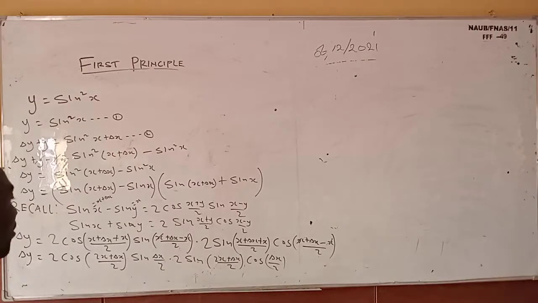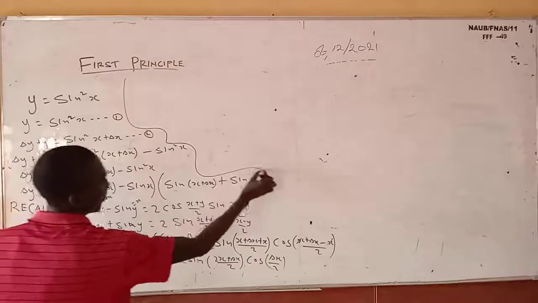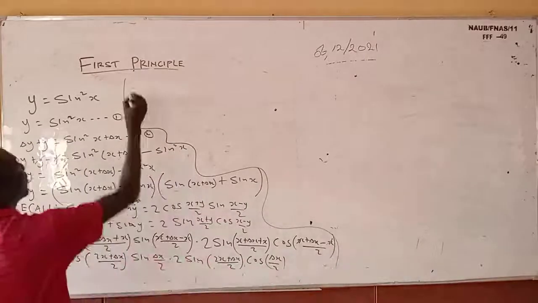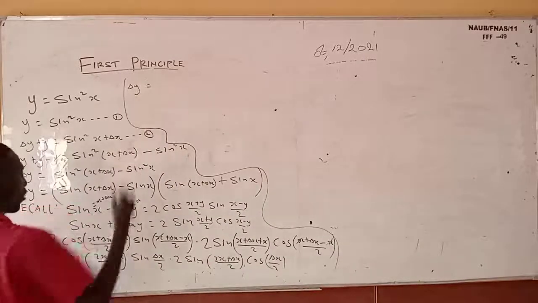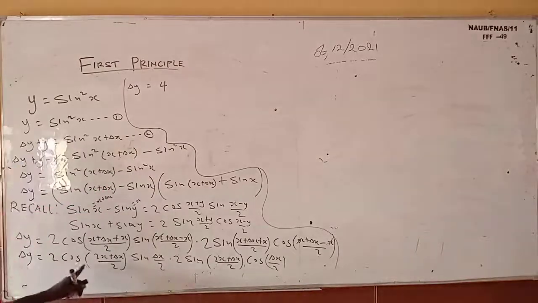We have 2 times 2, so we can multiply them. So change in y will be equal to 2 times 2, which is 4. Can we multiply the cosine and sine terms together?